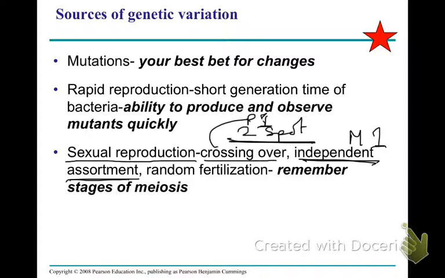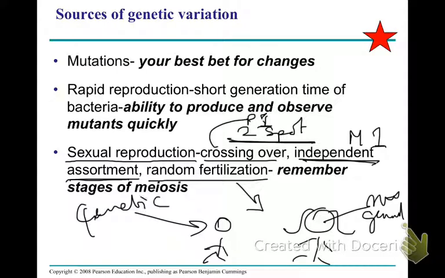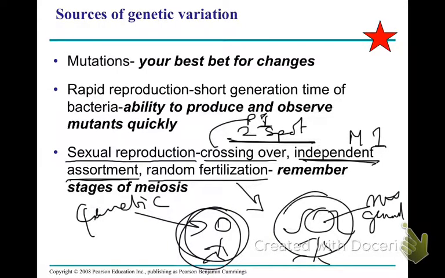The third part is random fertilization, meaning the male and the female that come together, you do not know what genetic composition the female has and what the male has. If they come together with completely different variations, they introduce more variation.